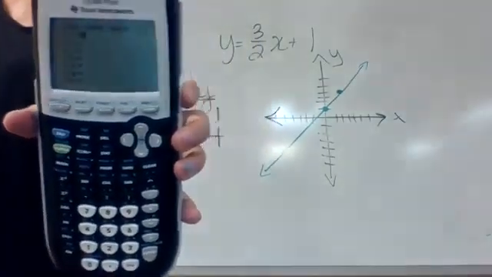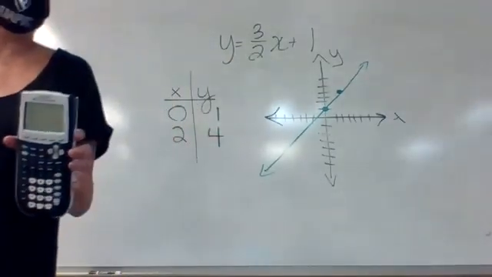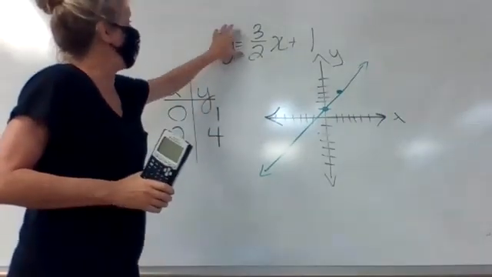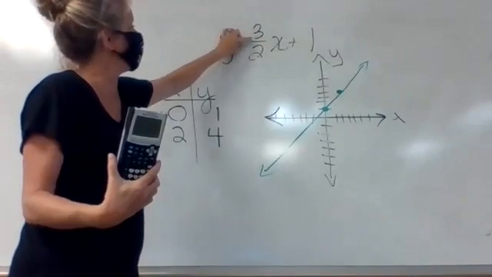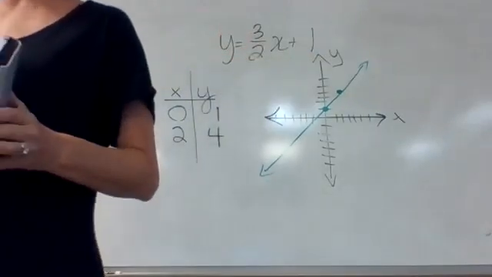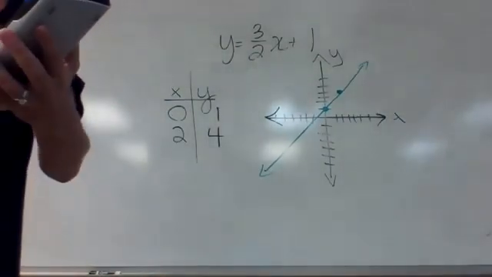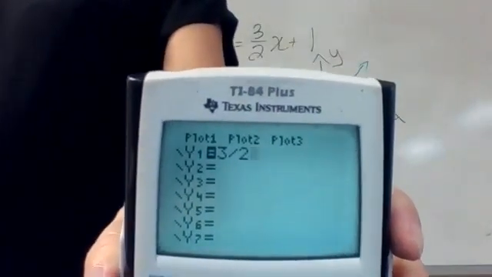You should open it up and you should have Y equals. If you have something in your first Y equals, just hit clear to clear it out. So the Y equals is there. That's already given to us, right? So we just type in 3/2x plus 1. To type in 3/2, you type in 3 divided by 2.